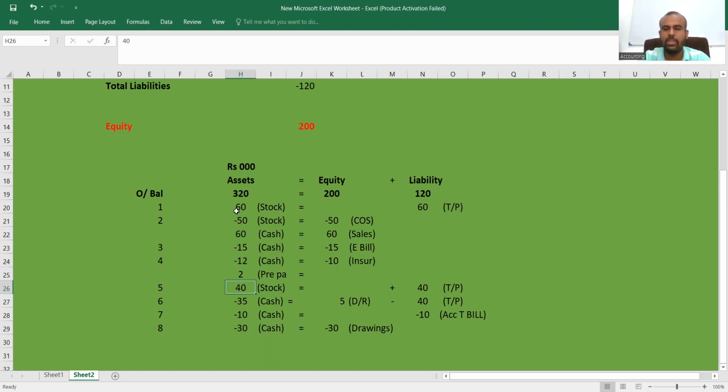Here 40,000 stocks increase and the liability increases by 40,000, and when you pay creditors, if you receive a discount, you need to recognize that as an income, which we identified from the 6th transaction. Transaction number 7, settlement of the previous expense, doesn't reduce the equity; it is reduced from the liability. And then cash drawings.